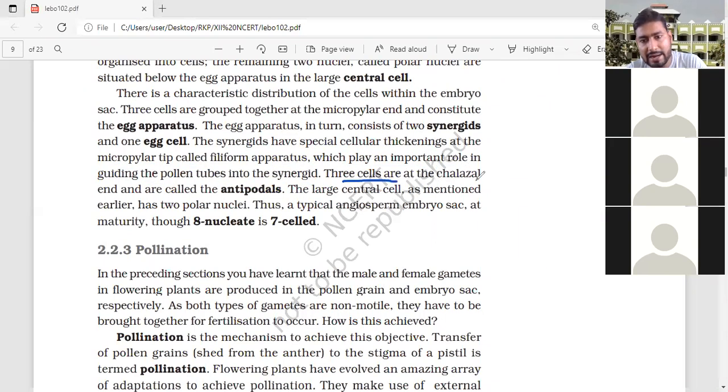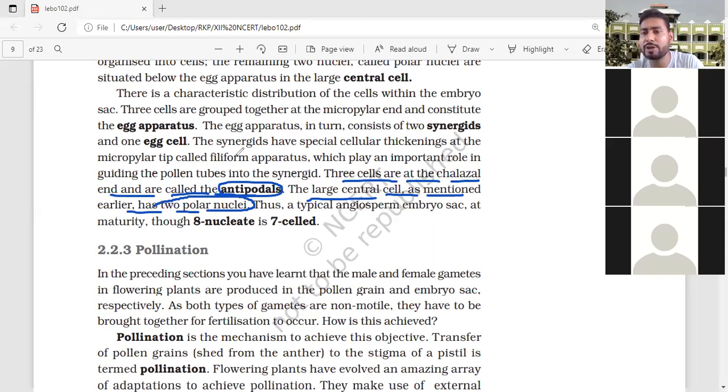Now, three cells at the chalazal end are called antipodal cells. I told you already, opposite the micropylar end is the chalazal end, where there are three antipodal cells. The large central cell, as mentioned earlier, has two polar nuclei.